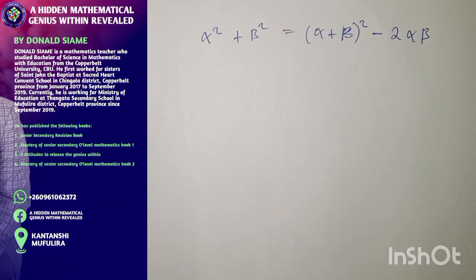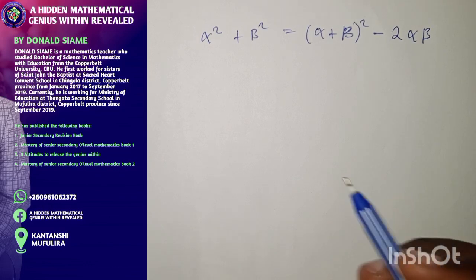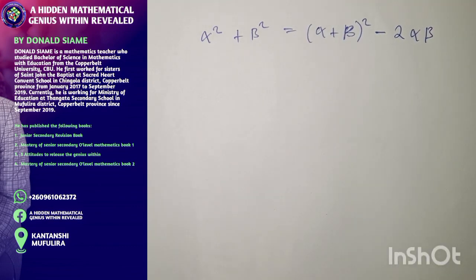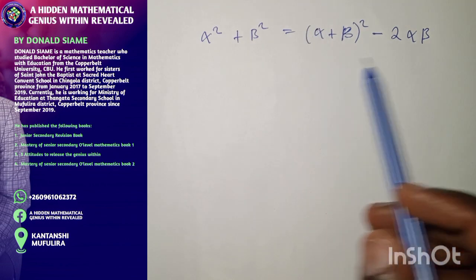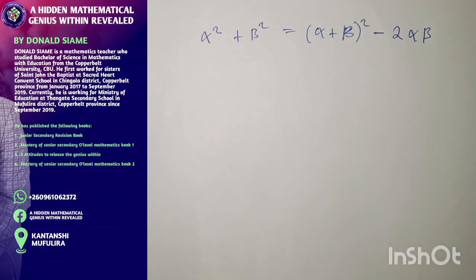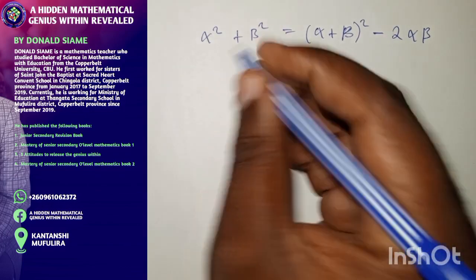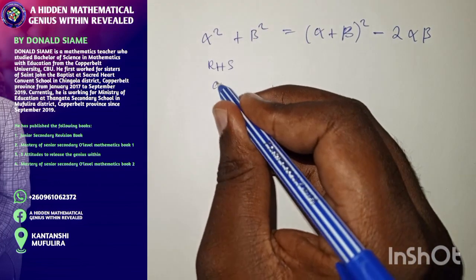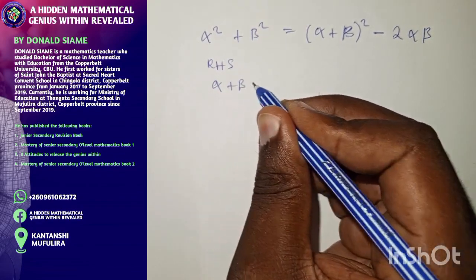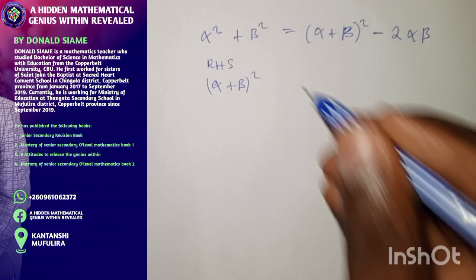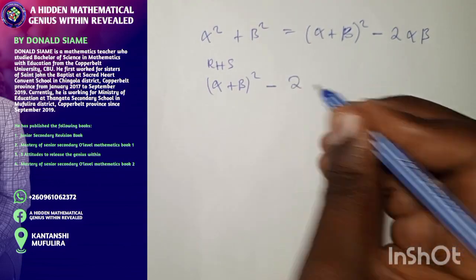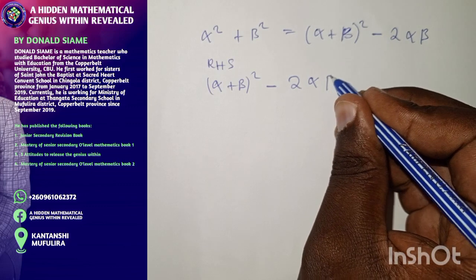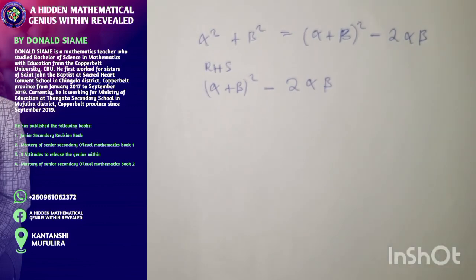Okay, so to show this, we can start with the right hand side of the equation. We know that for every equation there must be a left hand side and a right hand side. So let's start with the right hand side. We have the square of alpha plus beta minus 2 alpha beta.